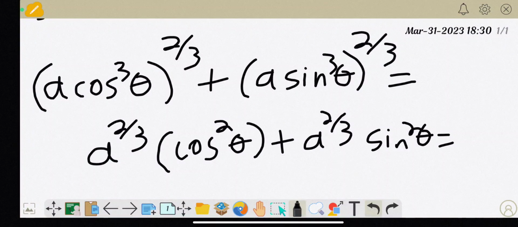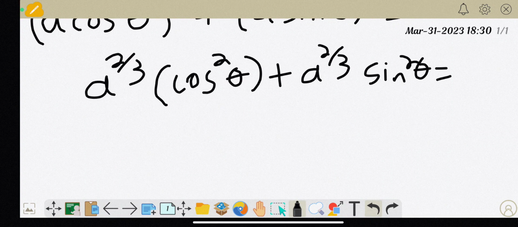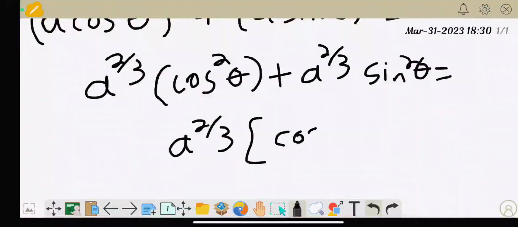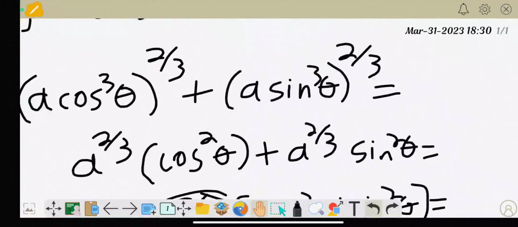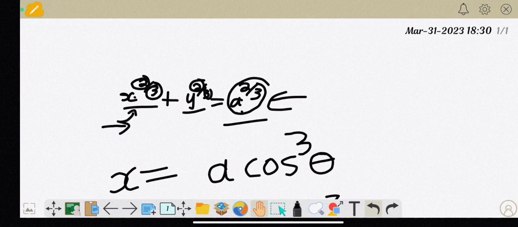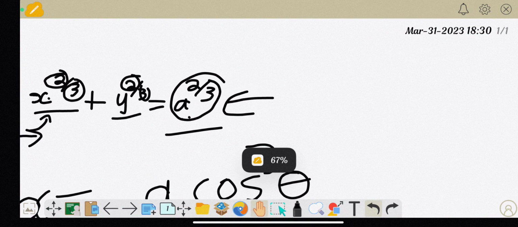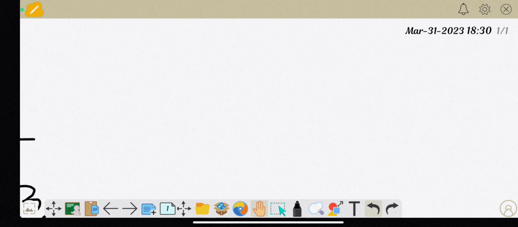Here a to the power 2 by 3 is common, so cos square theta plus sin square theta is equal to 1. So 1 into a to the power 2 by 3 is a to the power 2 by 3, which is our right hand side. In this way you have to choose the parametrization, so it is not altering our original equation.